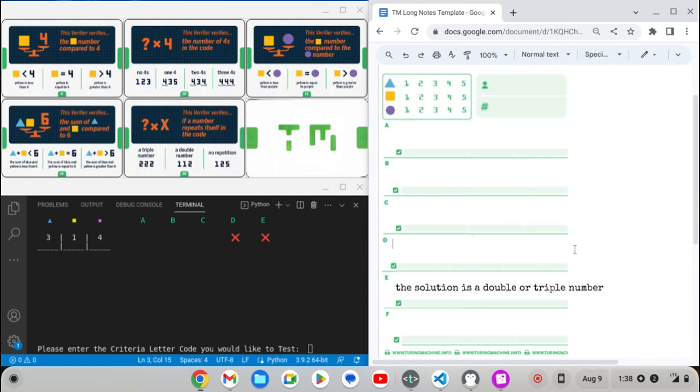And that again is that triangle plus square is either equal to 6 or greater than 6.